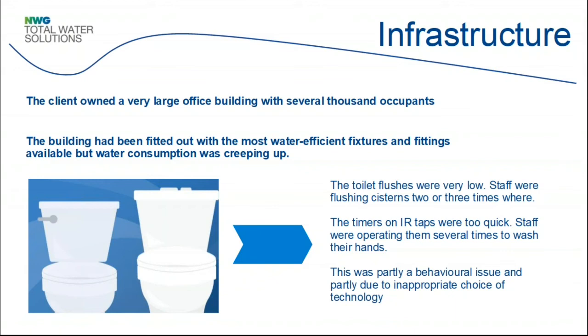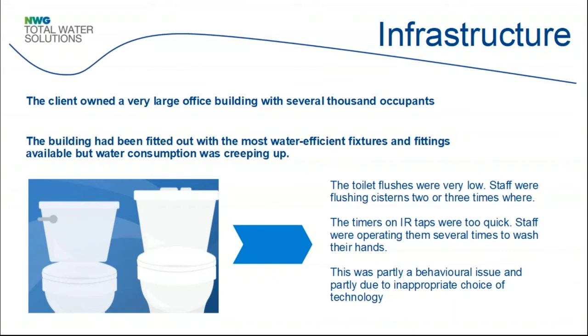So this was partly a behavioural problem, but the behaviours had actually come from what was effectively an inappropriate choice of technology. It was a very noble thing that the building operator was trying to do, to fit out the latest water efficient equipment, but a little bit of analysis about how people were actually using it or were going to use it revealed that actually it might not have been the most appropriate thing to do.